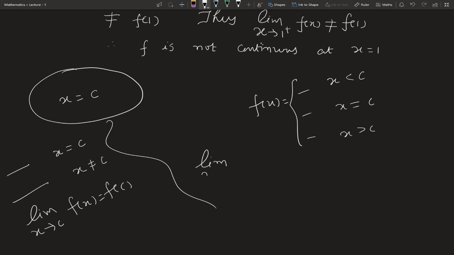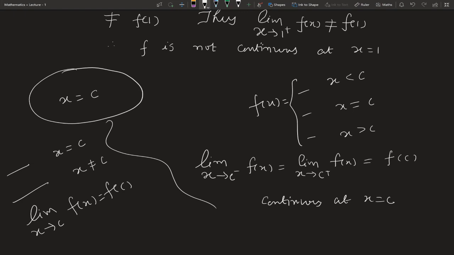For x less than c, the left hand side limit must exist, the right hand side limit must exist, and the function must be defined at x equal to c, and if all three are equal, then we can claim that the function is continuous at x equal to c.